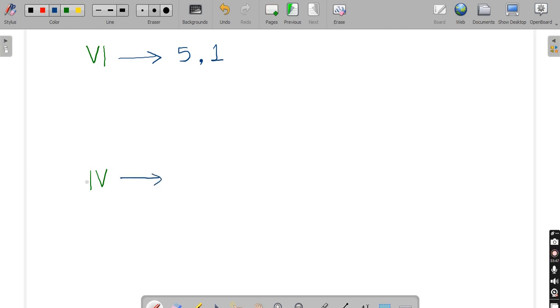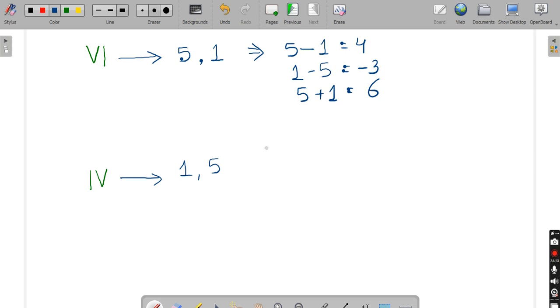Let us find it out. Here the first one is 1, the second one is 5. Now you tell me, 5 and 1 are written over there. If I do 5 minus 1, no doubt I will get an answer. If I do 1 minus 5, I will get the answer minus 4. And suppose I am doing 5 plus 1, it will become 6.